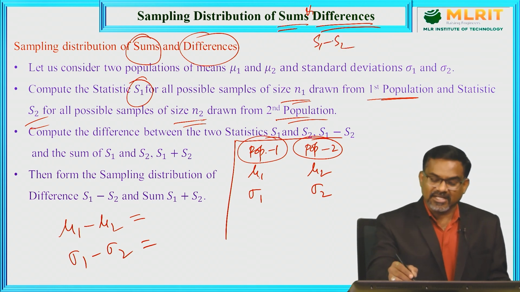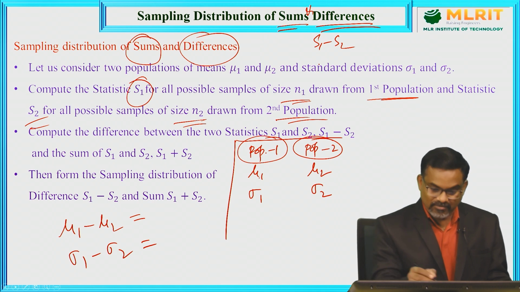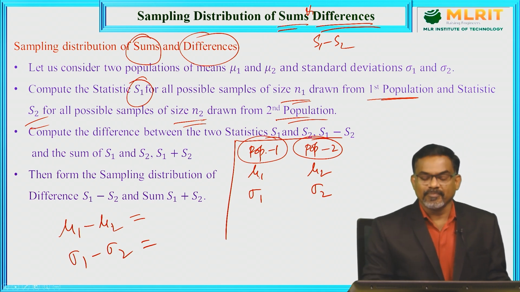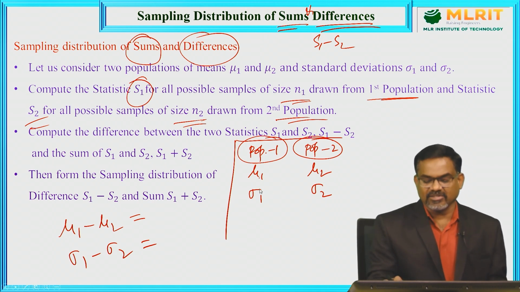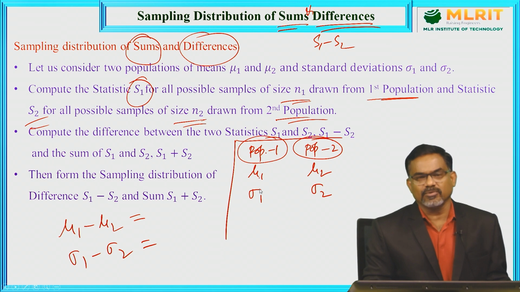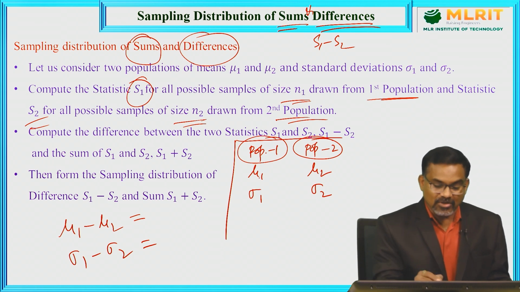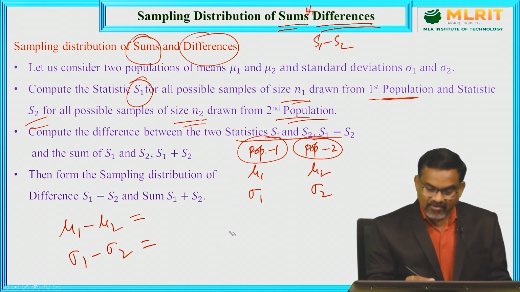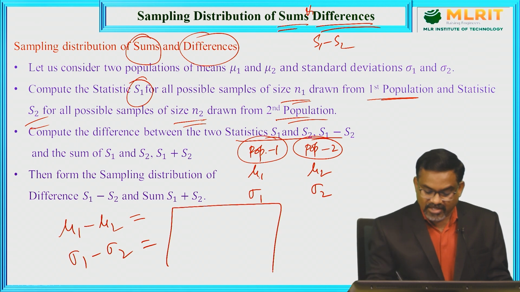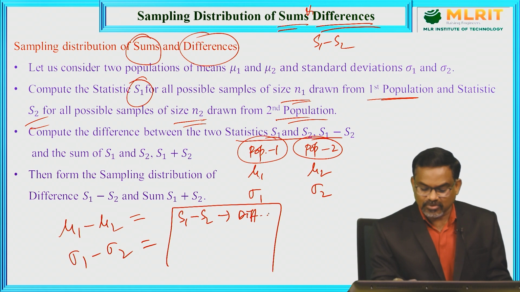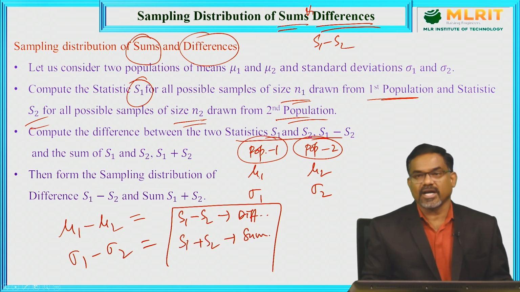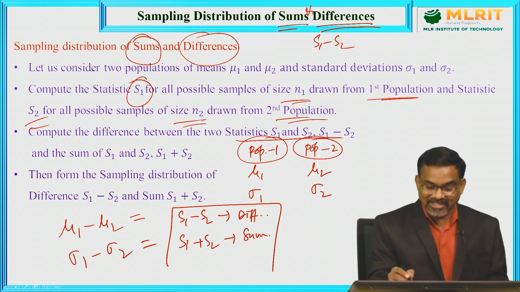This statistic can be the mean, so it is mu1 minus mu2, or if it is the standard deviation, sigma 1 minus sigma 2. So, here we have two statistics S1 and S2. S1 minus S2 is the difference between the two statistics, and S1 plus S2 is the sum of the two statistics.